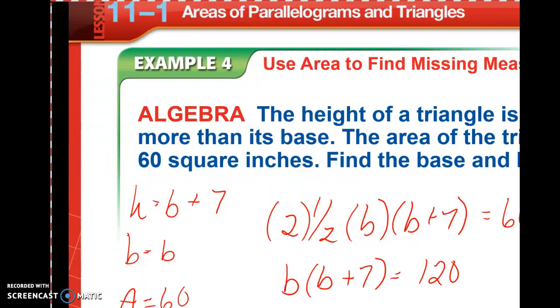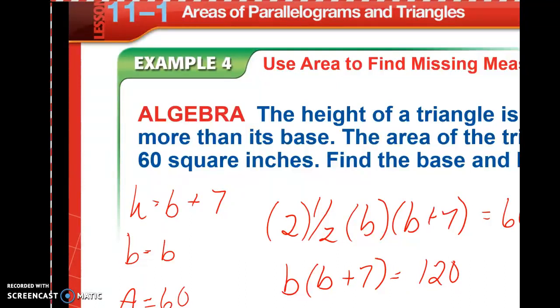So it has to fit both criteria. So if we look at 15 and negative 8, if I add those, I get positive 7. I multiply those, I get negative 120. So we're going to have 8 and 15.